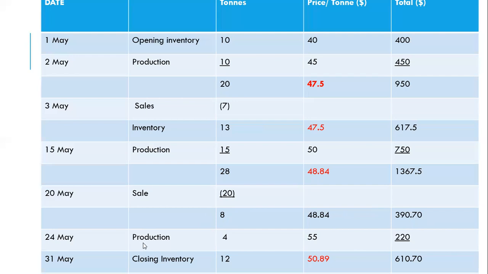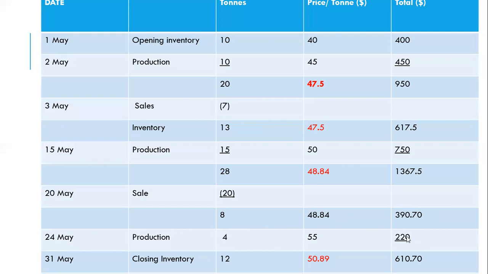Then we produce again on 24 May. Remember I said that at every production added to the inventory, you have to recalculate again. So we produce 4 additional tons at $55 per ton. So 55 times 4 will give us 220. We add the new totals together: 8 at 48.84 gives us 390.7, and 4 at $55 gives us 220.